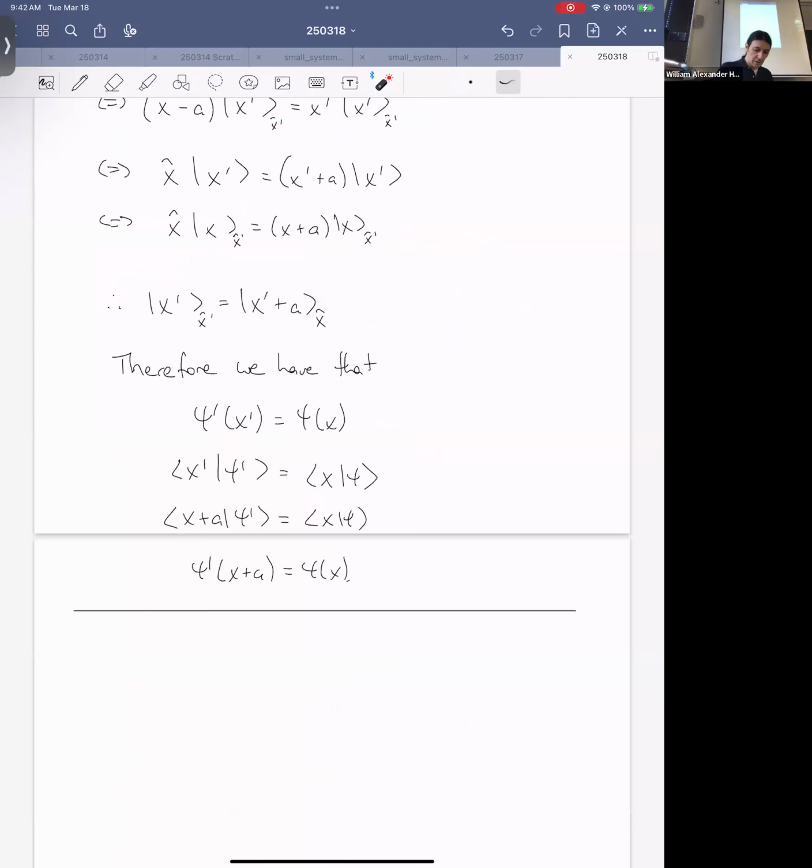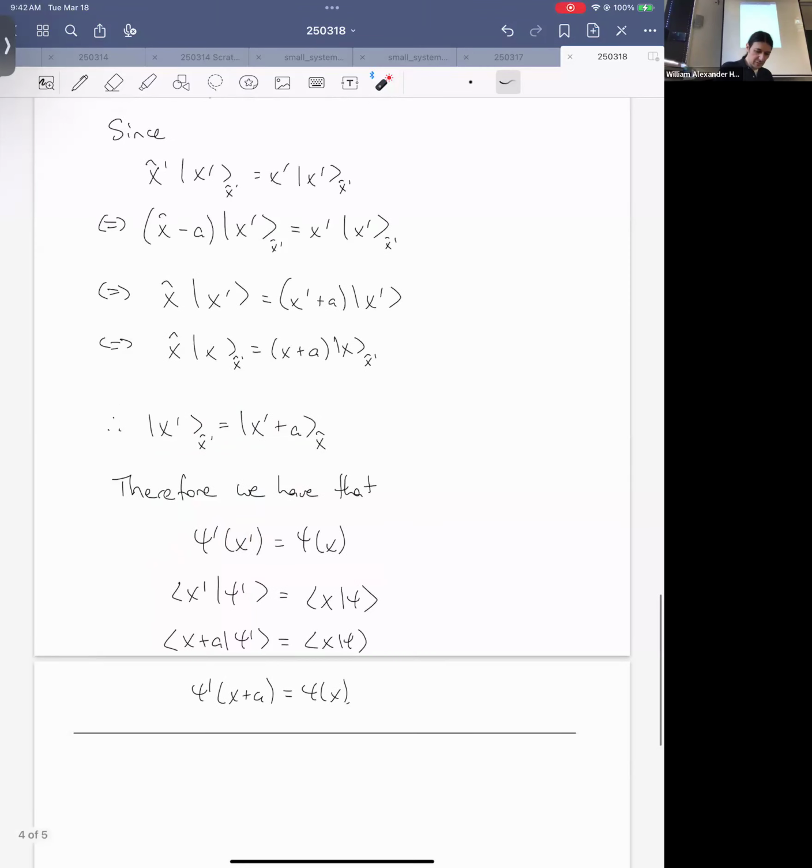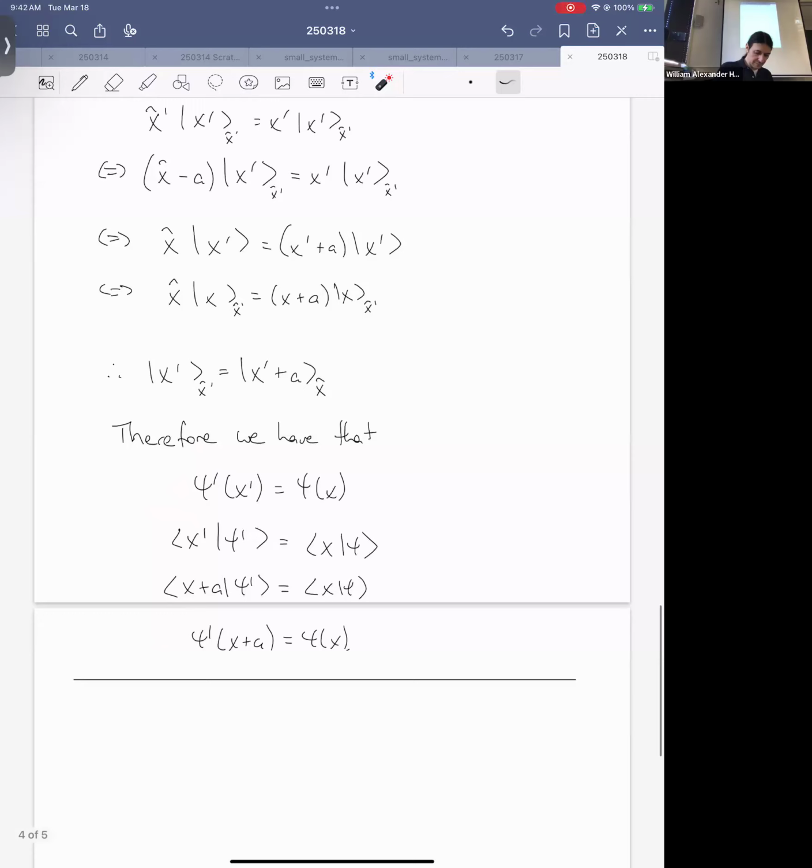And so what I was driving towards was this expression here, that psi prime of x prime equals psi of x. And the claim is that this x prime is x plus a, and then we just have x on the right-hand side. And so the right-hand side trivially becomes psi of x, and the left-hand side becomes psi prime of x plus a. And so we get, again, a consistency relation.